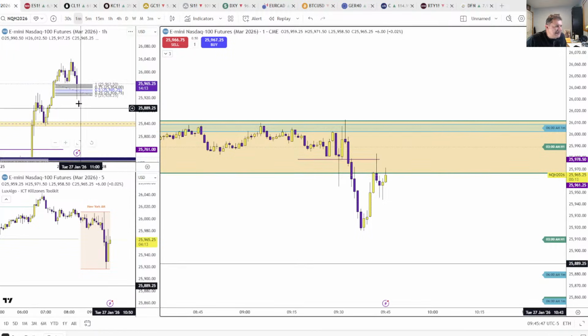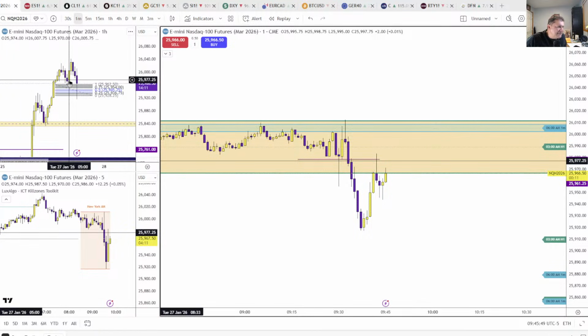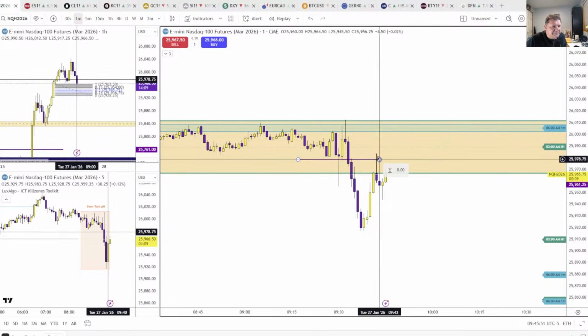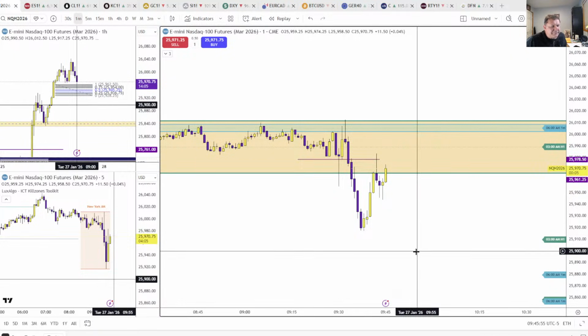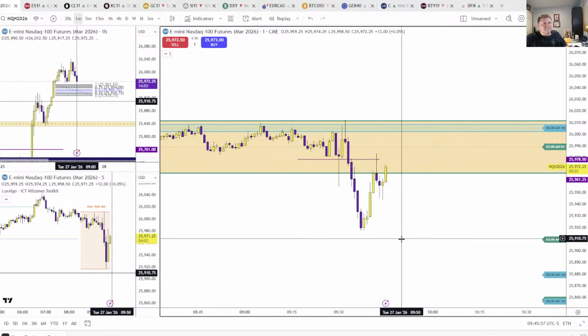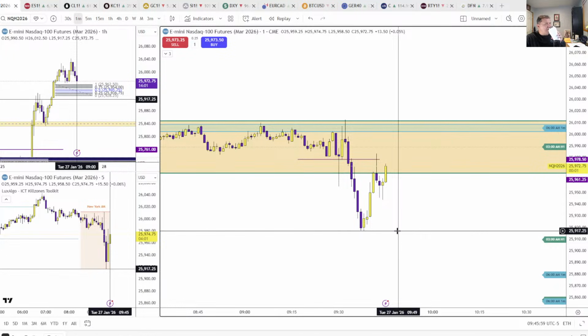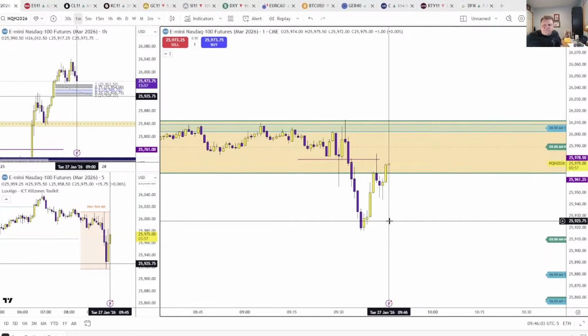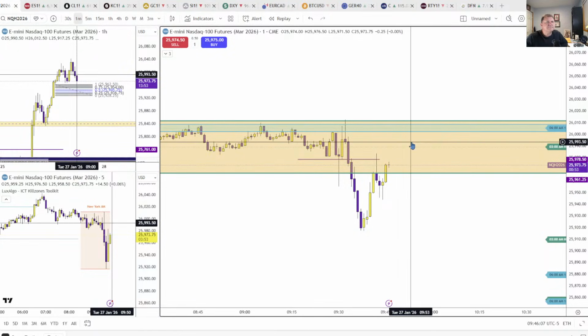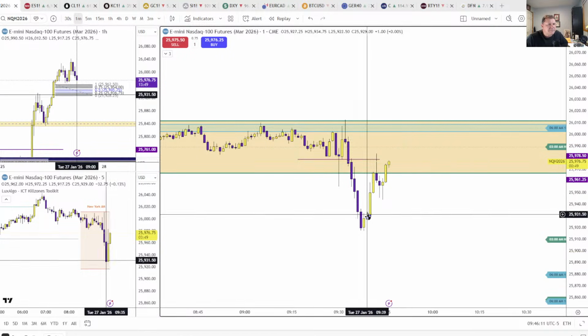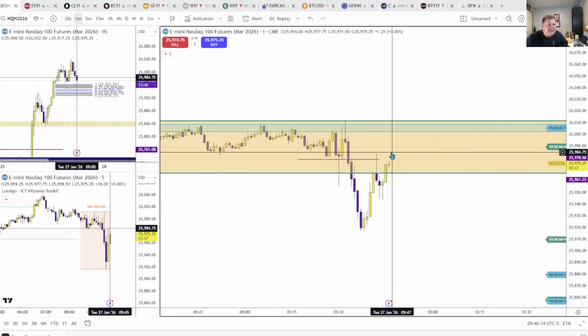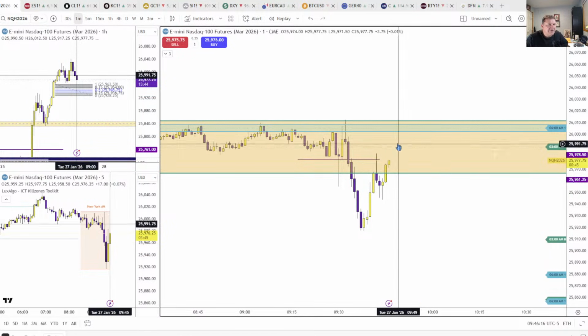Ideally, you want to see that close back above that mean threshold again. So that's this one right here. As soon as it hits that level, look for the premium box to box.